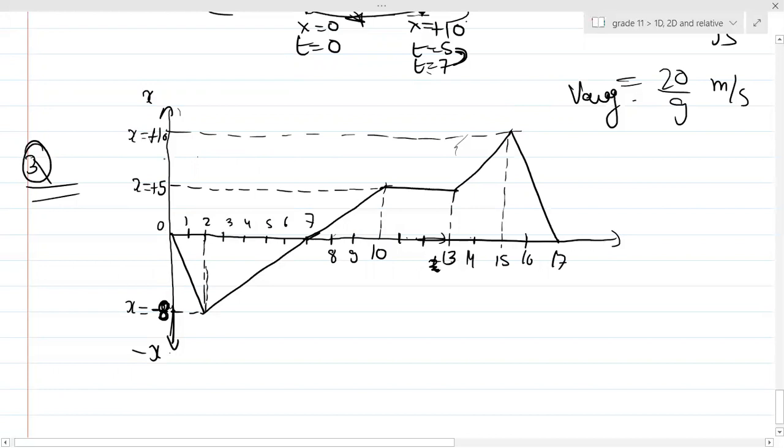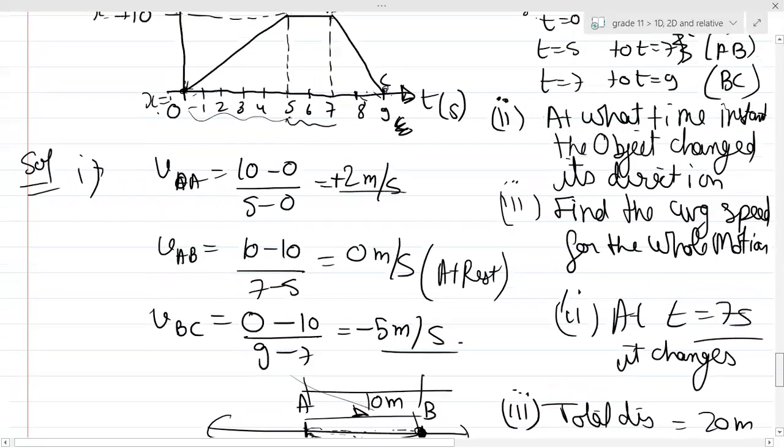The answer may be a bit vague, but you need to explain the whole thing from O to A to B, B to C, C to D, and again the question is still the same.